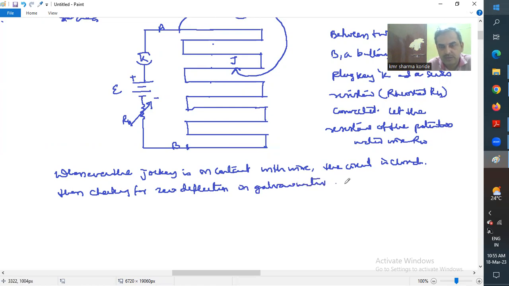Once it is noticed, then the potential difference between any 2 points is proportional to length.